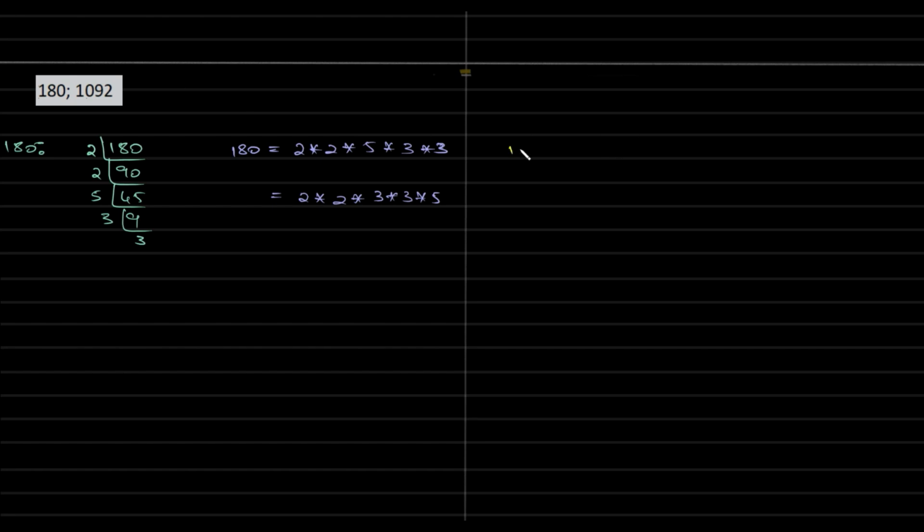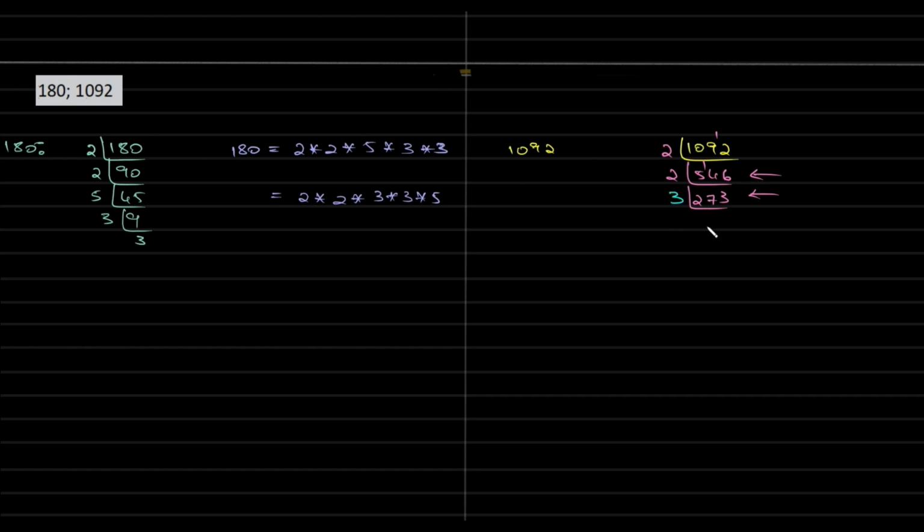And last we have 1092. Since it's an even number, start with 2. 2 5s are 10, and 2 4s are 8, 1 is a remainder, 6, 2 2s are 4, 1 is a remainder. Since it's an even number, I didn't even bother, I just wrote 2, that's it. 2 7s are 14, 3s are... and this is 273. It's divisible by 3.